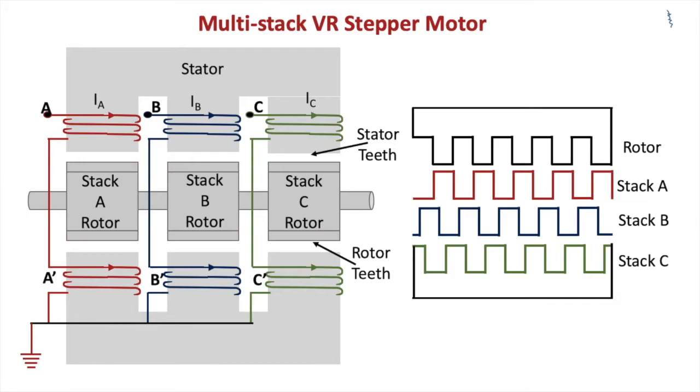Similarly, if you change the excitation to C, then the rotor will move further and align itself with stack C. So the different stacks give you a better rotation angle, so that every time you give excitation to the different phases of the stator, whichever stack is in front of that will try to have the minimum reluctance path, and that is why it is known as the multi-stack variable reluctance stepper motor, which will give you a smaller step rotation.